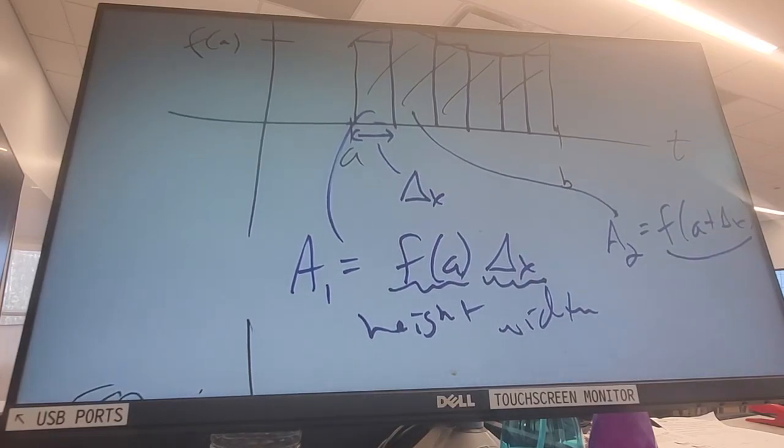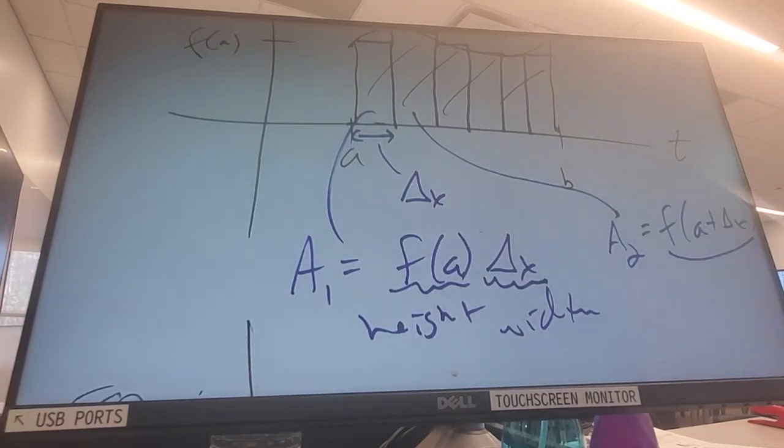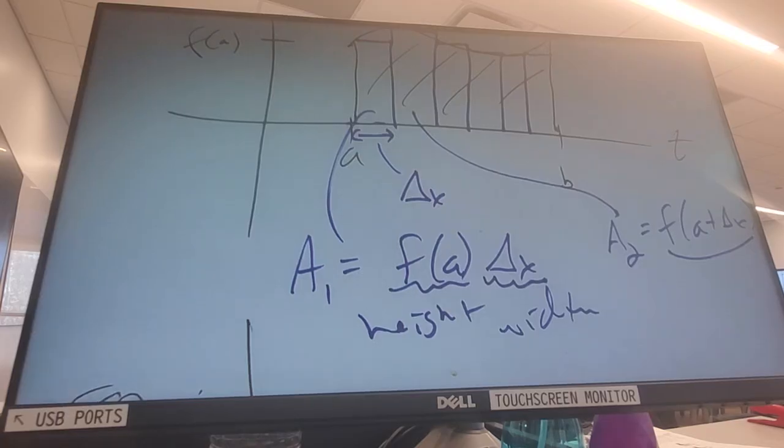Okay. So let me see if this ties in decently well to this. It sort of does. Let me introduce this idea. One symbol we're going to use.